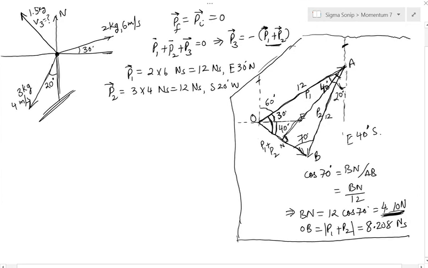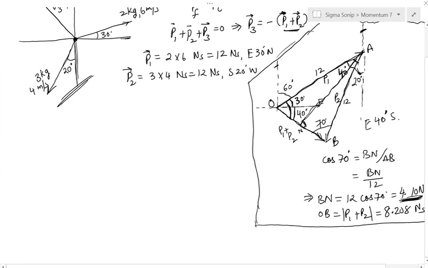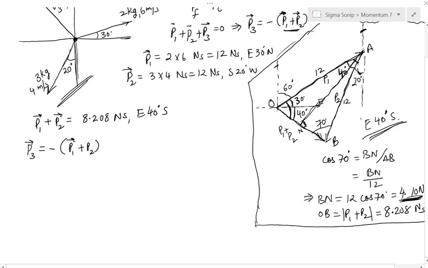So that gives me that P1 plus P2 is equal to, I'll write the complete description of P1 plus P2 here, because I have the direction as well now. This is the direction that we found. So P1 plus P2 is equal to 8.208 Newton second, and the direction is east 40 degrees south, and therefore my P3 is equal to minus of P1 plus P2, as already written here.